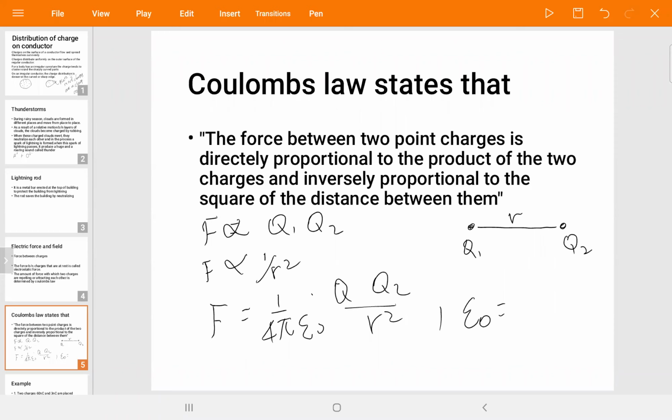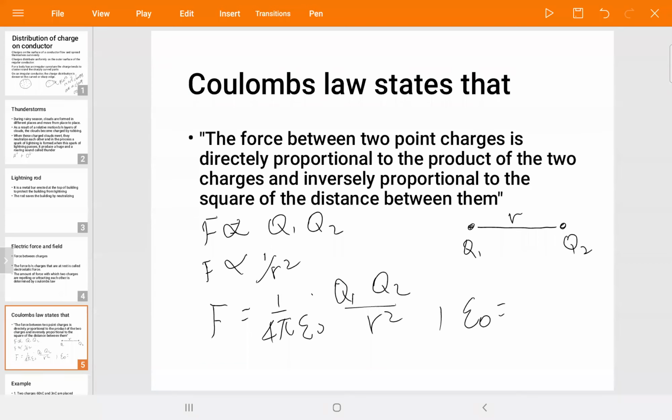By having these concepts in mind, we can write the formula for electrostatic force. The formula is 1/4 pi epsilon naught times Q1 Q2 divided by R squared. Q1 and Q2 are net charges on two bodies, and 4 pi is a constant.